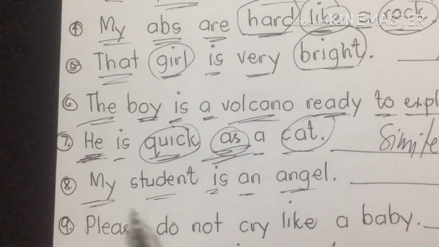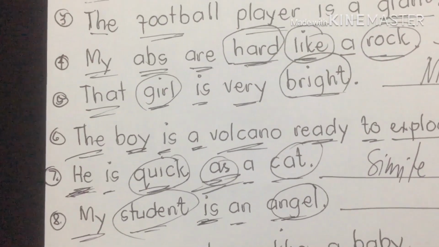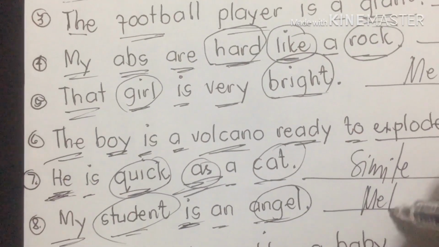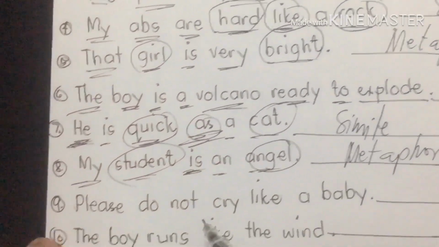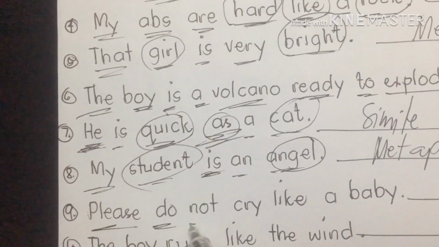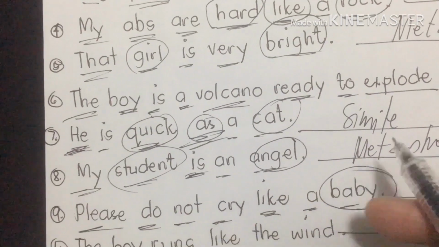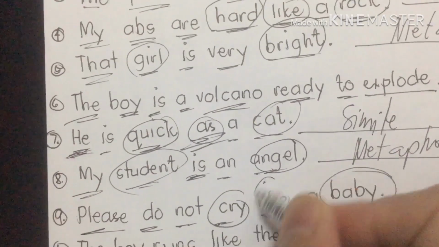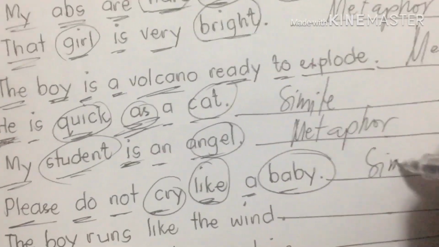Okay, student is an angel. It talks about one, so that means to say this is a metaphor. Number 9. Please do not cry like a baby. Okay? So, by using the word like, this is a simile.